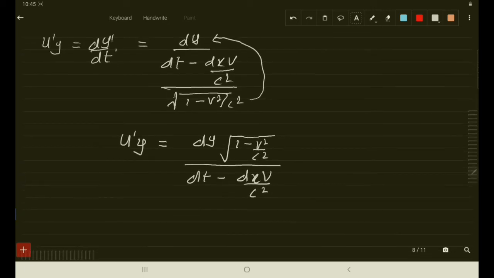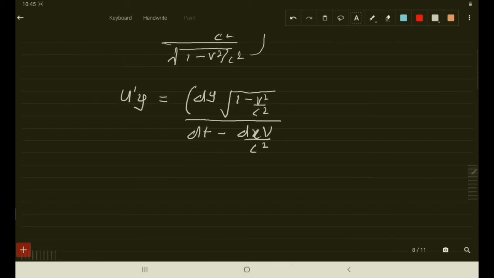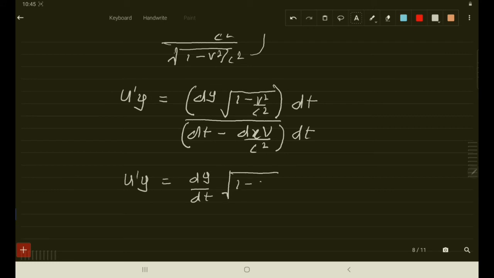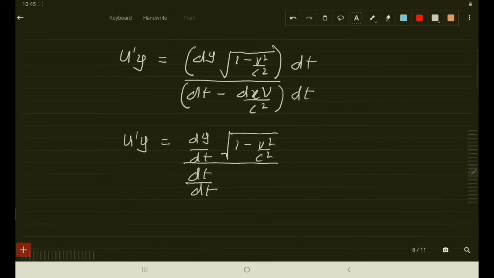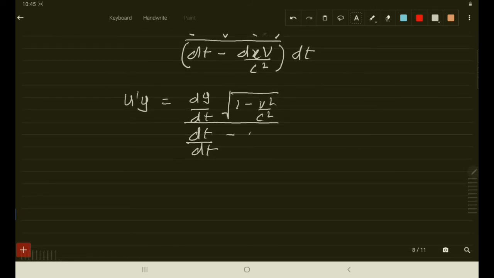Now we will repeat the step that we have done in the previous equation. We will divide this numerator and denominator by dt, so that dy gets converted into uy. So we will get u dash y is equal to dy by dt into this factor 1 minus v square divided by c square, the whole divided by dt by dt minus dx by dt into v by c square.